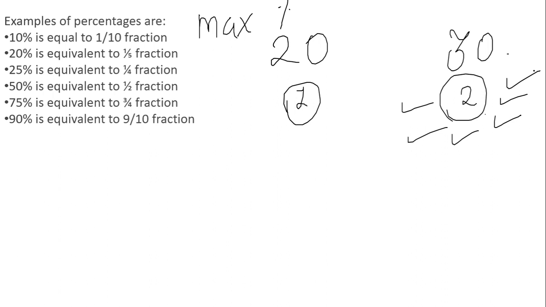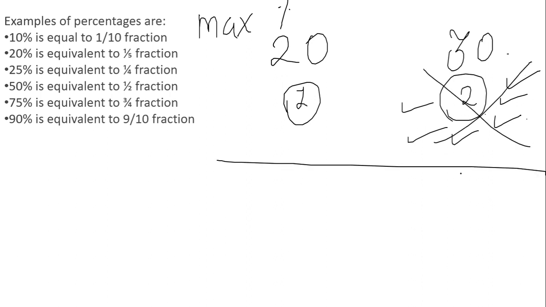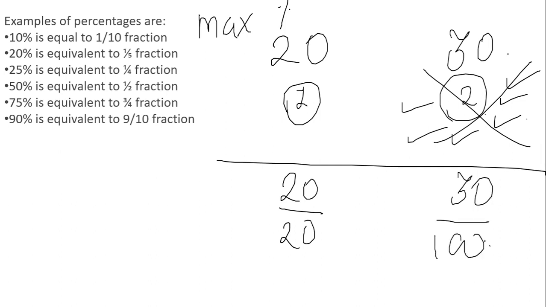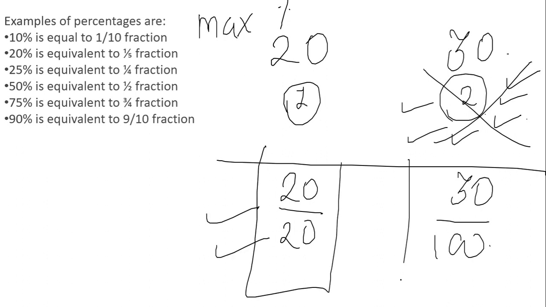But this is the wrong answer. Why? Because the first student got 20 out of 20 marks and the second student got 30 out of 100 marks. Now you can see that student number 1 has the higher percentage compared to the second student.